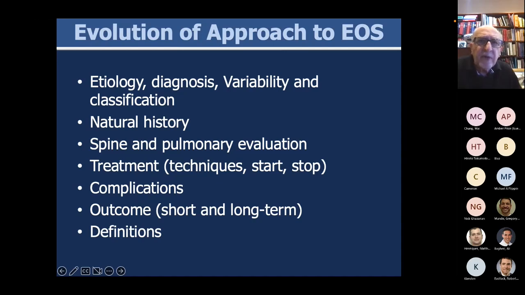When we look at the evolution of the approach to EOS, we've been looking at etiology, classification, and variability. We really try to understand the natural history with different etiologies and different underlying diseases. Pulmonary evaluation has been very important. We have been trying to develop methods of measuring and comparing that in these small children, which is not easy and is challenging.